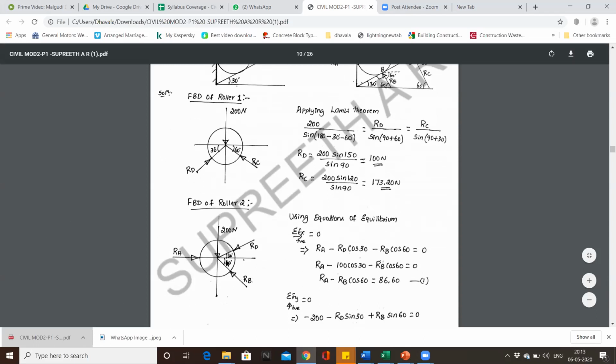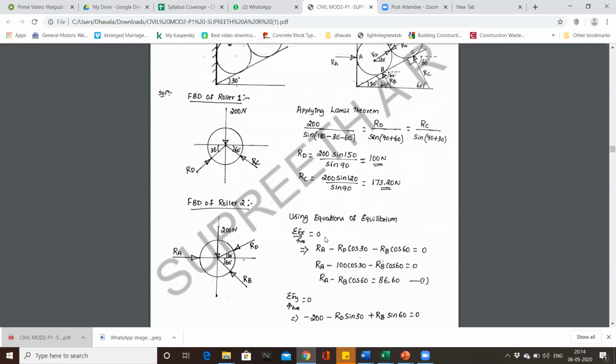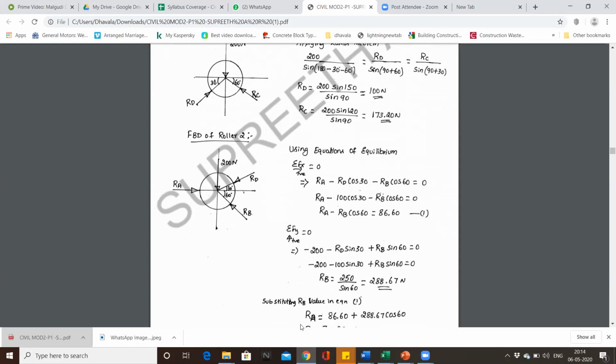In the second sphere, we have four forces: RD, RB, RA and 200 newtons. We already know 200 newtons. We have already found out the value of RD. We are supposed to find out RA and RB. Since this is a concurrent force system, we can directly apply sigma Fx equal to 0 and sigma Fy equal to 0.